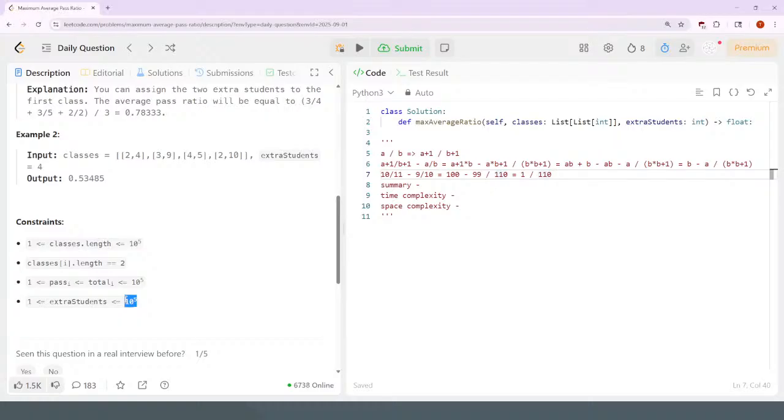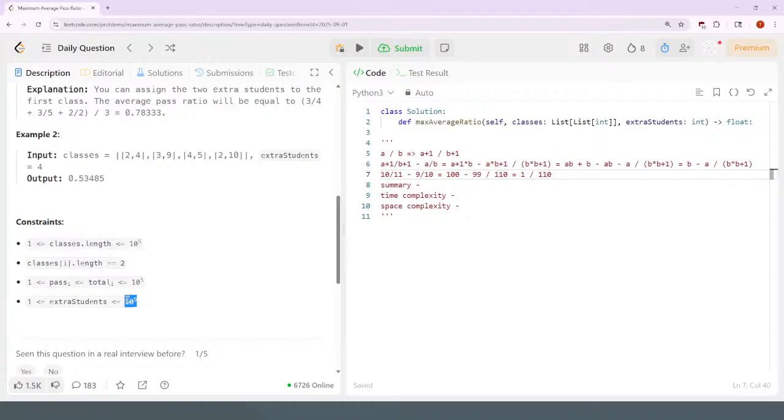Assigning, you never assign to a class that's already 100%. That's stupid. And I don't think you always want to assign to the lowest percentage, because the lowest percentage could be like 0 people pass out of 1,000 in the class.